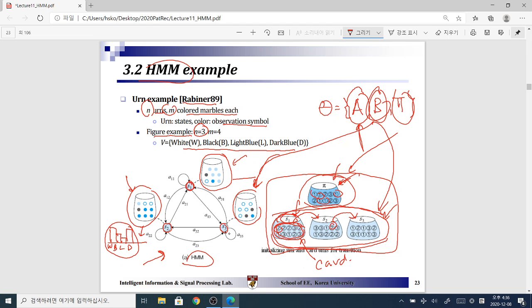And similarly, you would have a different distribution to represent this particular urn, and so forth. And you would have another one like this, to reflect the distribution of the marbles for each of the urns, where the urn represents these states.